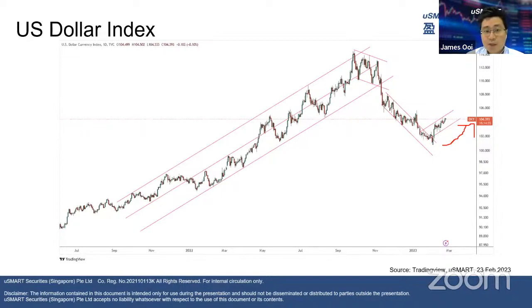On a side note, whenever I show the chart here, a lot of people would probably be amazed at how beautifully the channel, the support and resistance lines were drawn. Because if you were to try yourself, if you pull out the same US dollar index chart, you are not able to draw the same resistance support line here because probably you are using the linear chart.